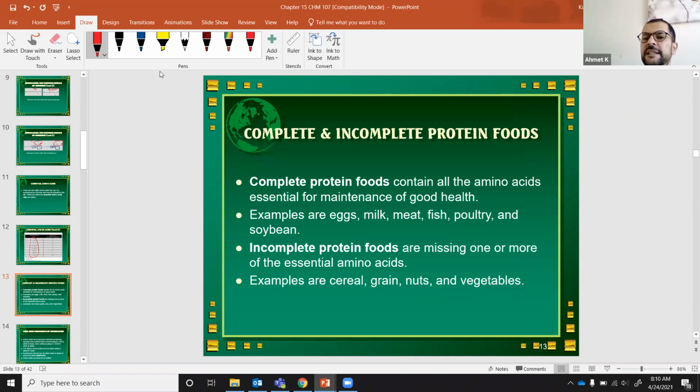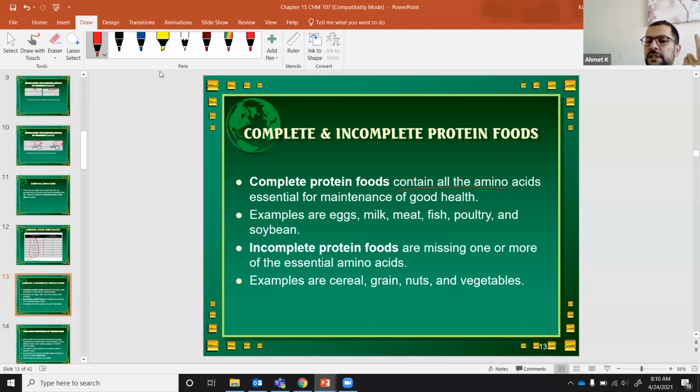And then there is another categorization of the amino acids, and we're going to see 2 different categorizations. This is one of them, and we're going to call one a complete protein. I think the name is talking by itself, right? Whenever you say complete proteins, it contains all the essential amino acids that we need for your body.